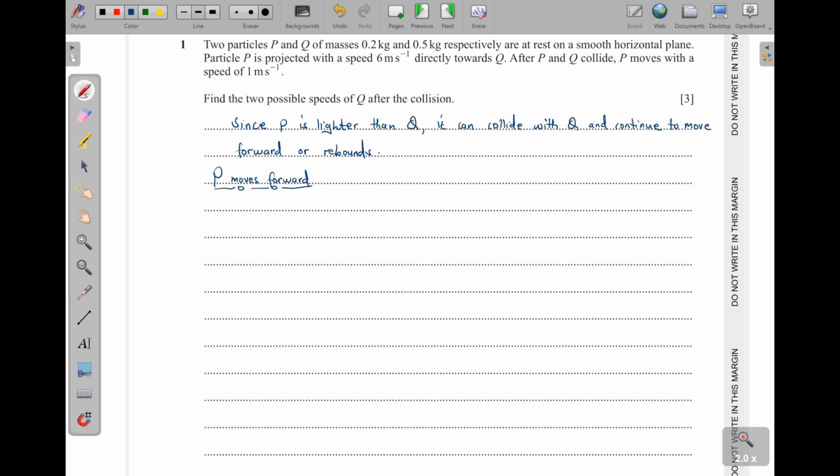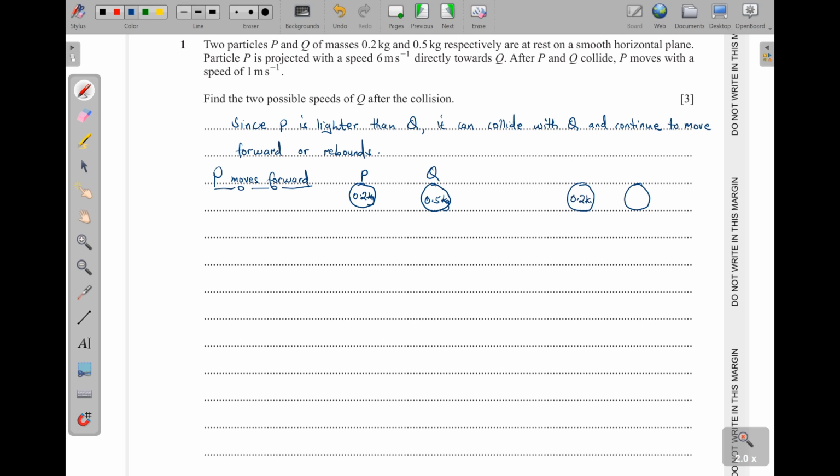So what happens? Now I have my particles here, and after collision, this P here is 0.2 kilograms, Q is 0.5 kilograms.